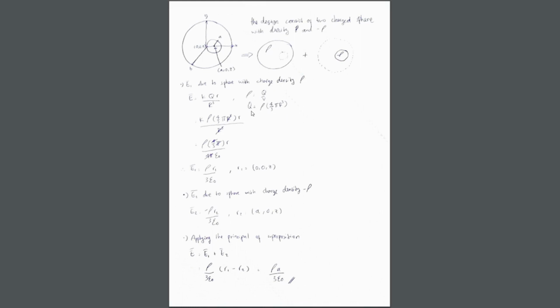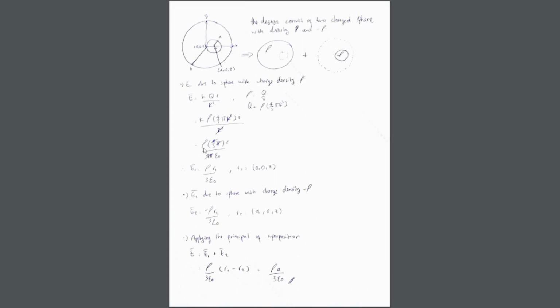With this, we can substitute it into the previous formula. So we get E is equal to K times rho times 4 over 3 pi R cubed times R over R cubed. We can cancel out this R cubed. We also know that K is equal to 1 over 4 pi epsilon, so we can substitute that as well.